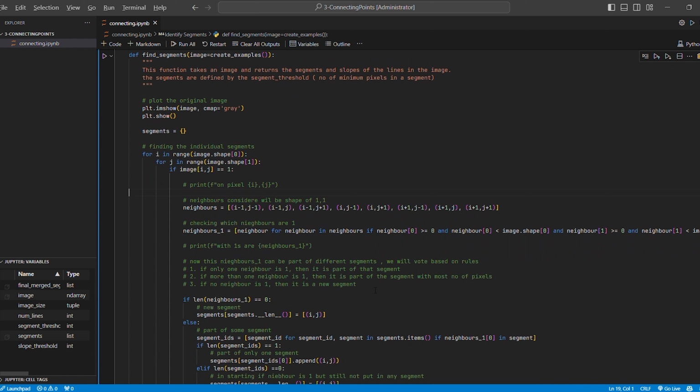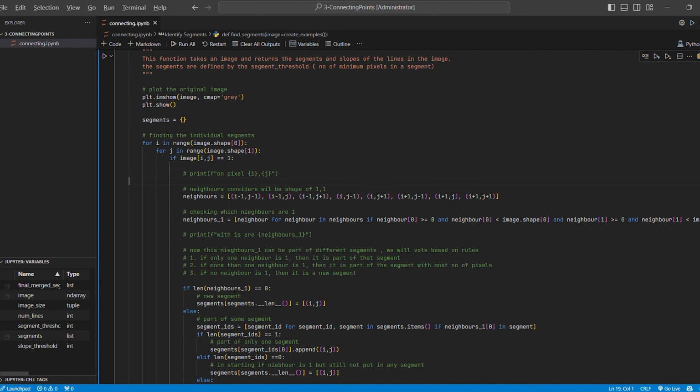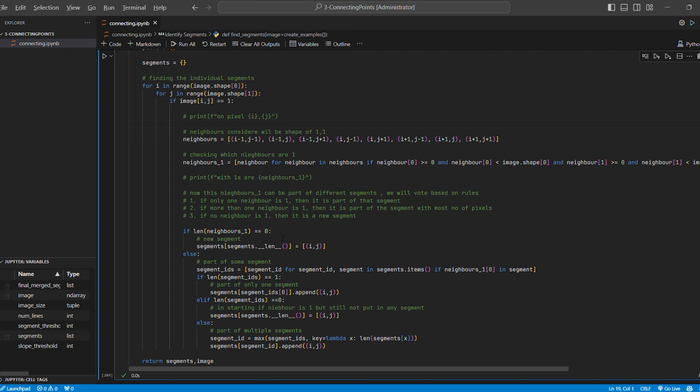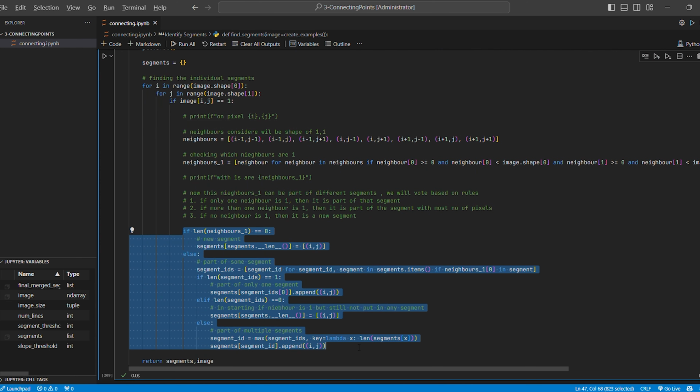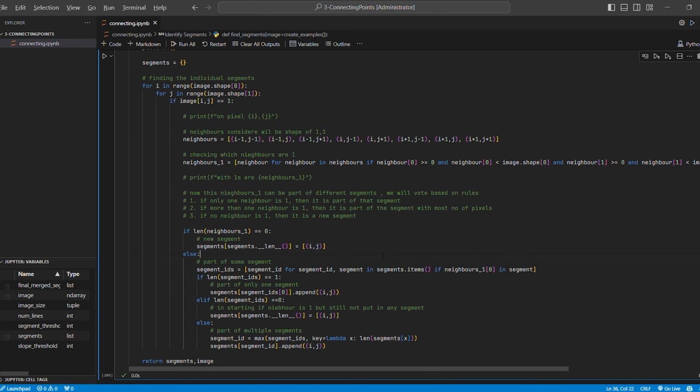If only one neighbor is 1, then it's part of that segment, and if more than one neighbor is 1, then it's part of the segment with the most pixels. If no neighbor is 1, that means we are at a pixel which is starting a segment. This code represents that.